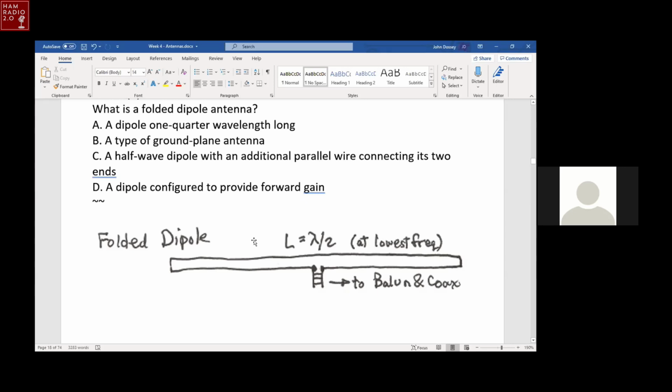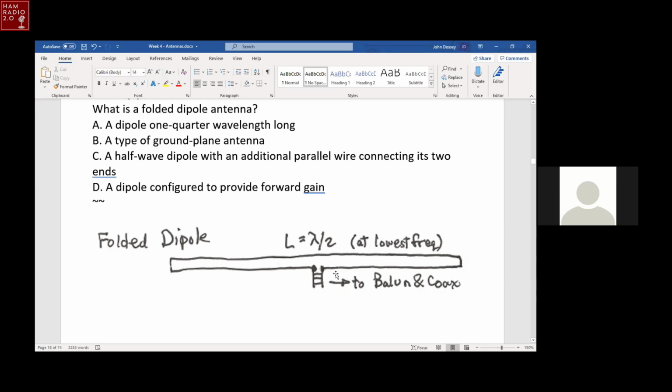I used to make these back in the NTSC television days as TV antennas, because the feed point impedance here is 300 ohms, which is what a TV flat wire and lead-in wire needs, is 300 ohms. And so the feed point impedance of the folded dipole is 300 ohms.